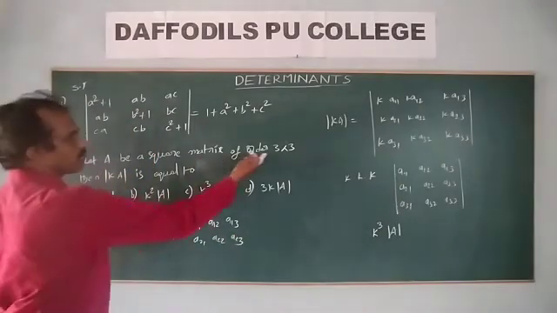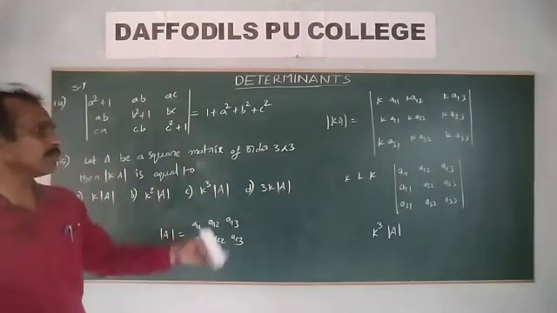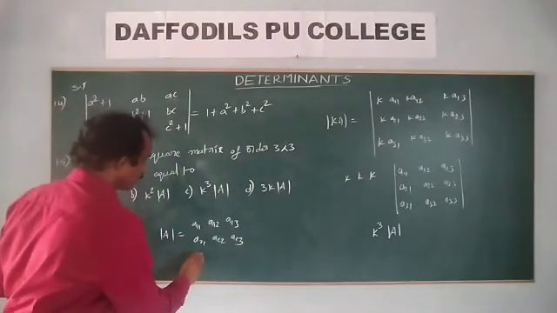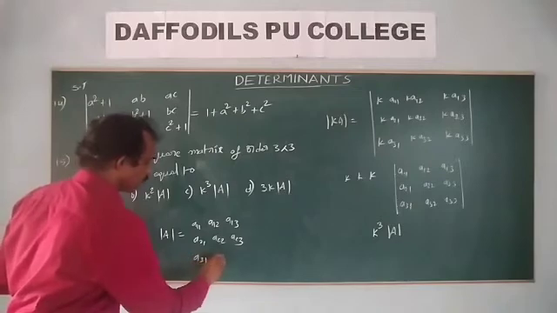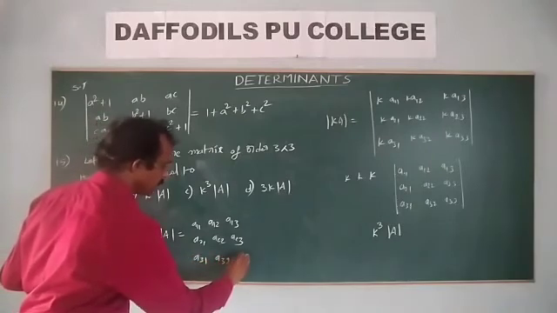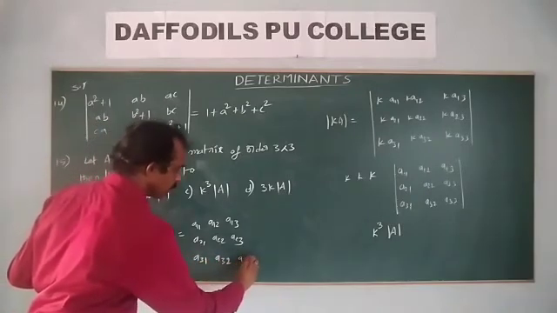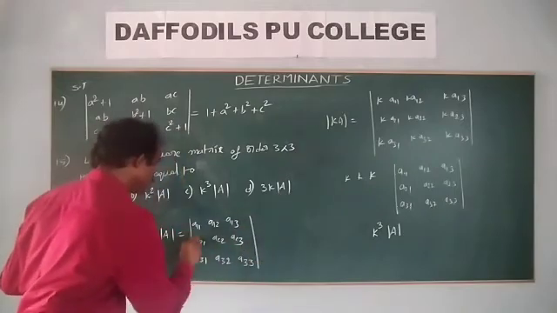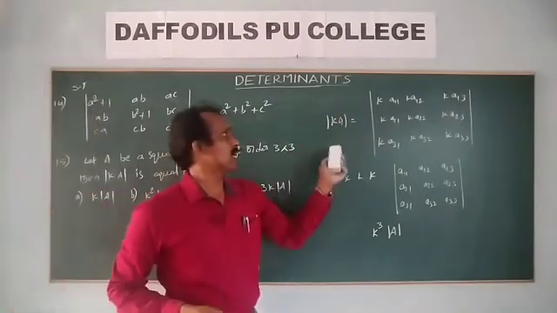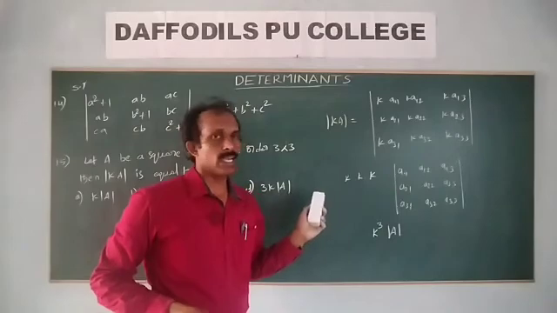We say A is a square matrix of order 3 by 3, so we are taking 3 by 3. I am taking k common from each row.